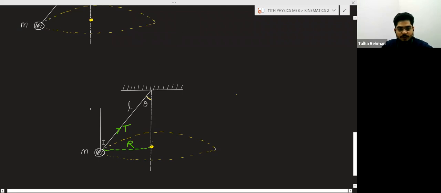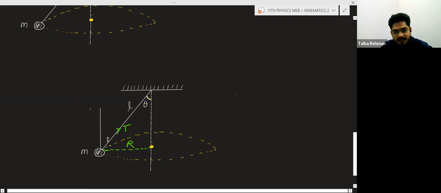Suppose I have drawn a line parallel to this vertical line. This angle is theta, and this is the length of the string, so you can consider this as a line.